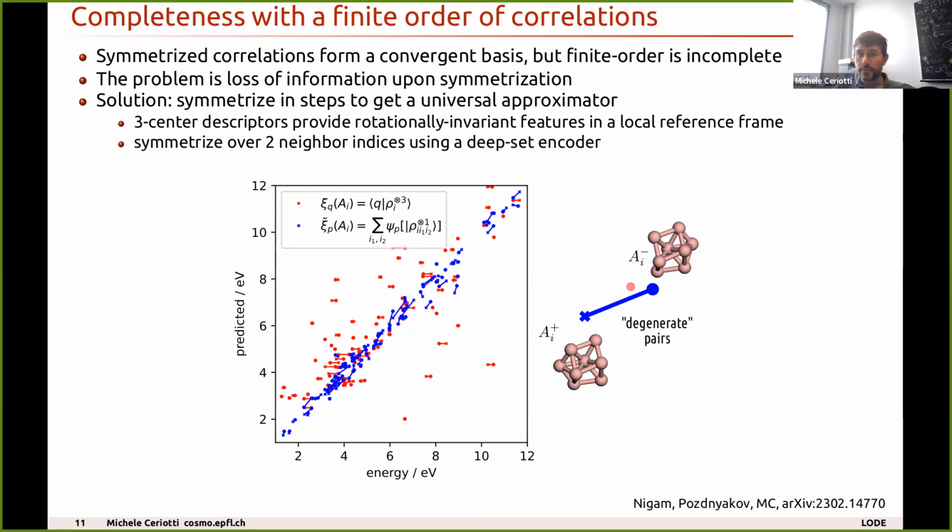Okay, so the end of the story here is that by deciding the point at which we apply a nonlinear transformation, we can guarantee that we have an injective description, even if we only deal with a finite order of correlations, which is very convenient because it avoids the exponential increase of complexity that you get when you take higher and higher orders of correlations.